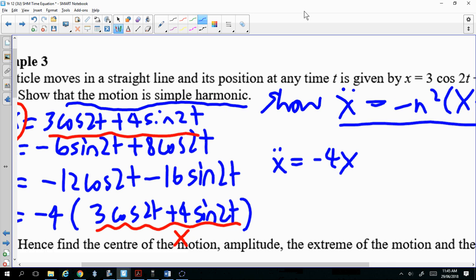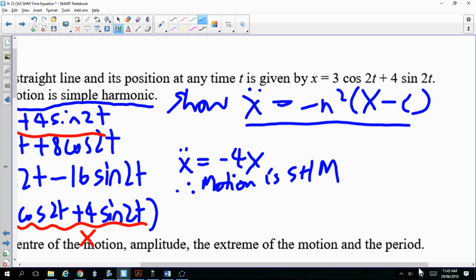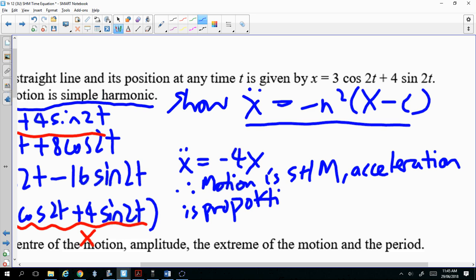And the reason why you say so is because the acceleration is proportional to the displacement about x equal to 0 in the opposite direction, because there's a minus.